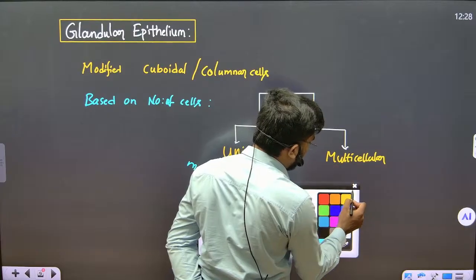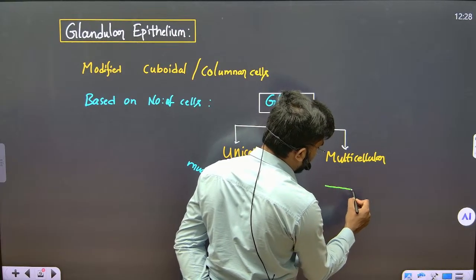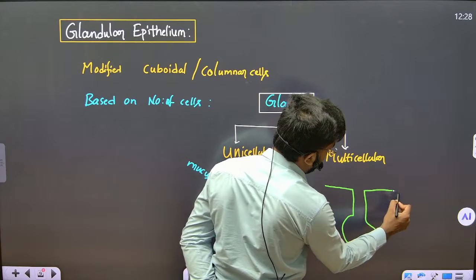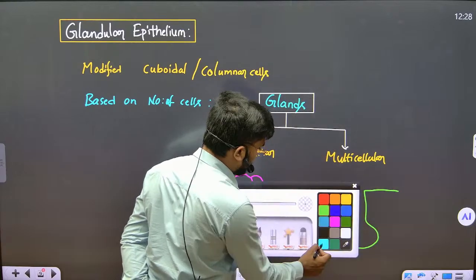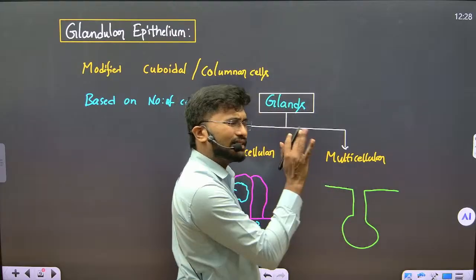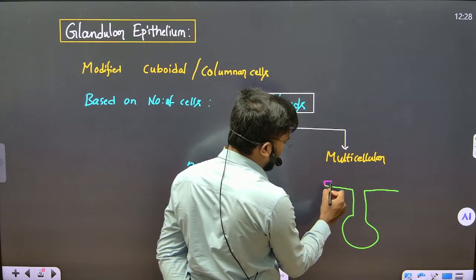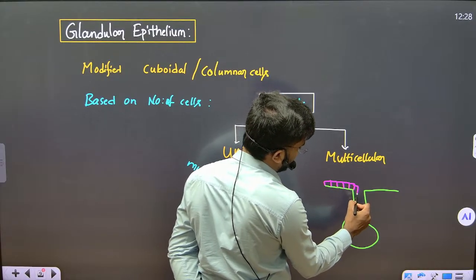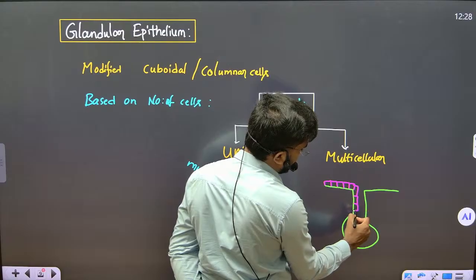Okay. On the other hand, what are multicellular glands? Multicellular gland we can describe like this. Imagine this is modified. We'll take cuboidal. Cuboidal cells are there like this on the basement membrane.